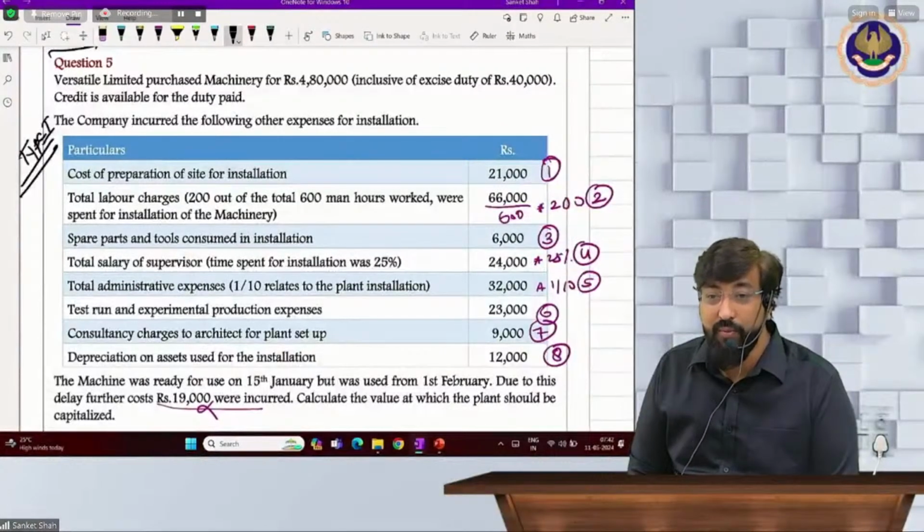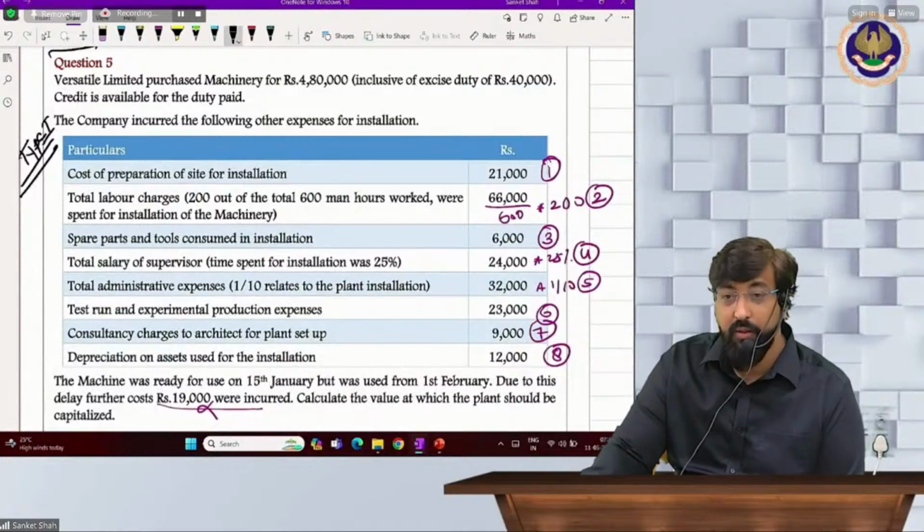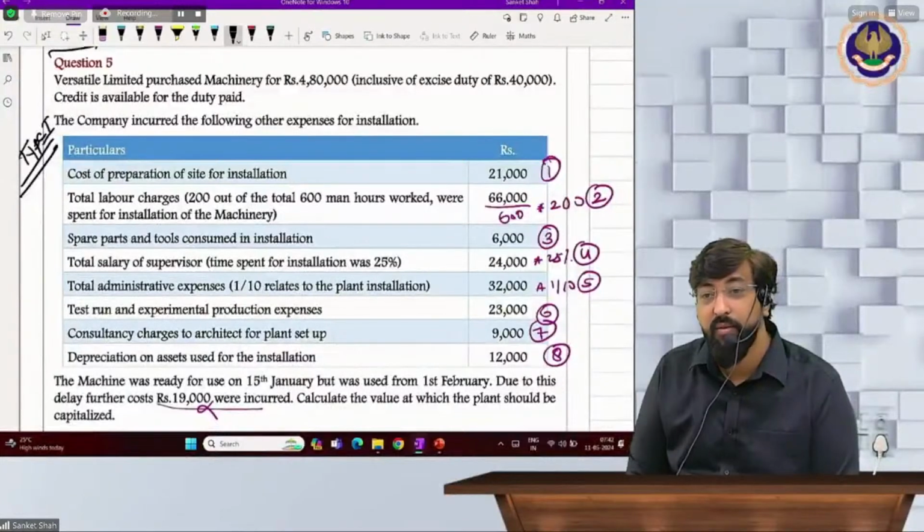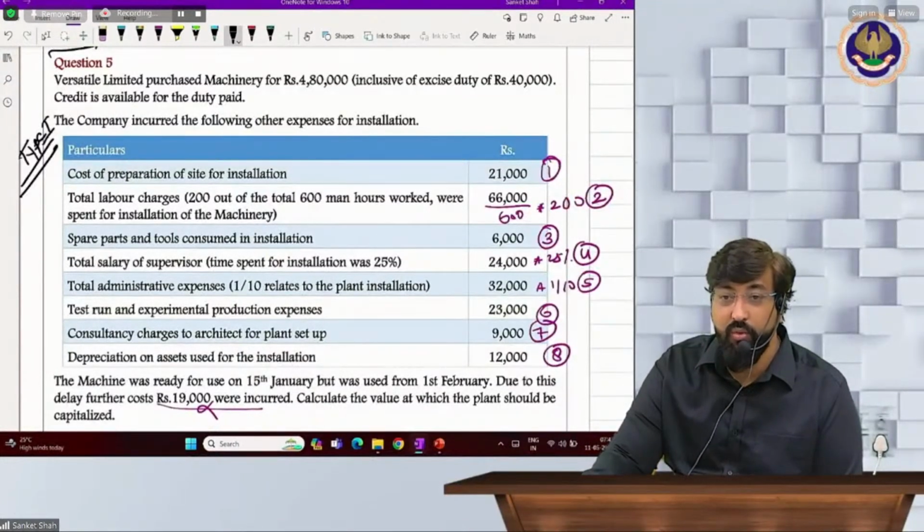Everyone is getting a different answer, my dear friends. Those students who have completed this question, how many of you have completed? No one got the correct answer till now. Who got the correct answer?